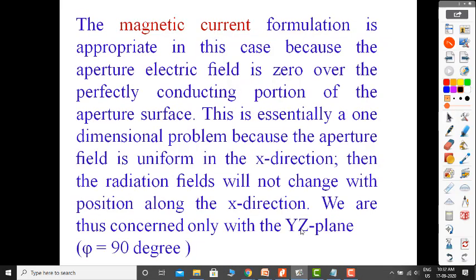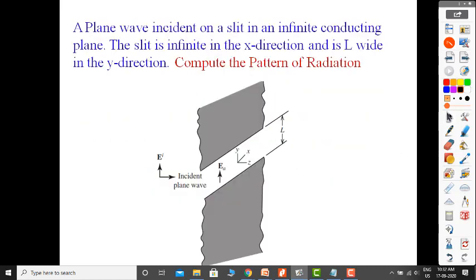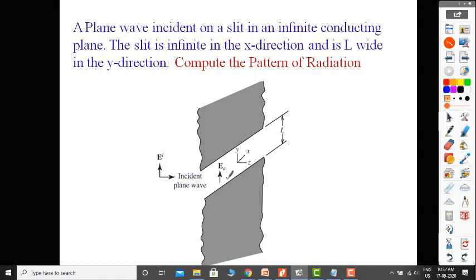And the field is uniform along the x axis, because the electric field is oriented along the y axis, and this electric field is constant in amplitude over the entire slit. Therefore, with respect to the x axis, the amplitude does not change. Therefore, it is uniform along the x axis.